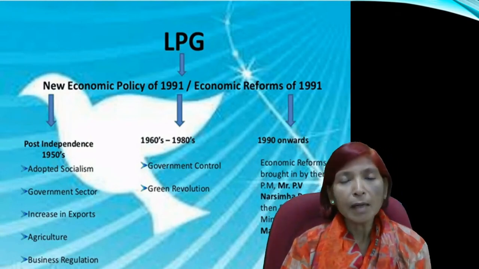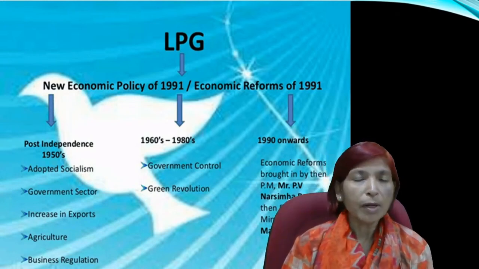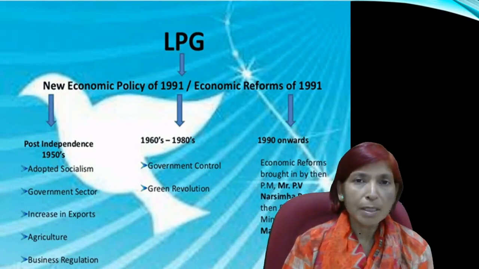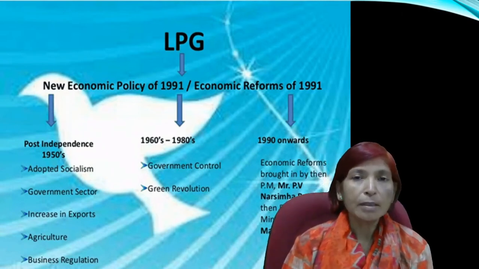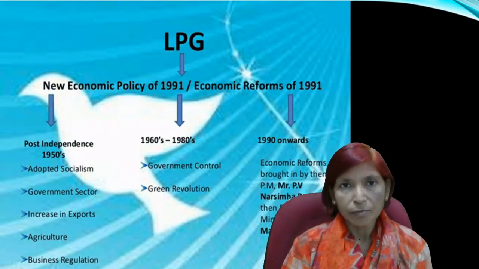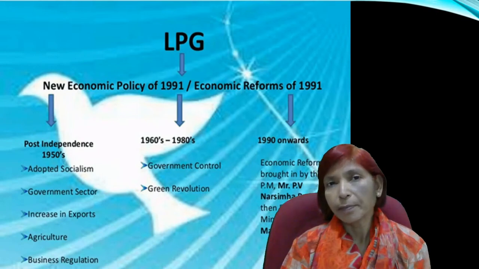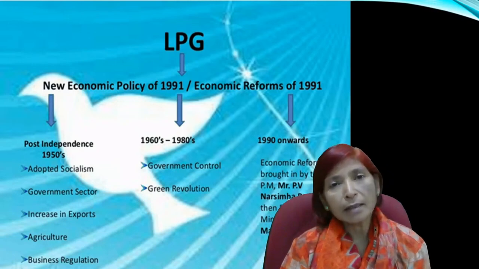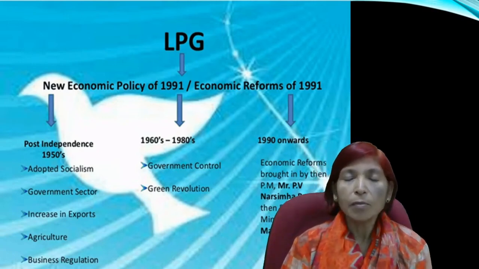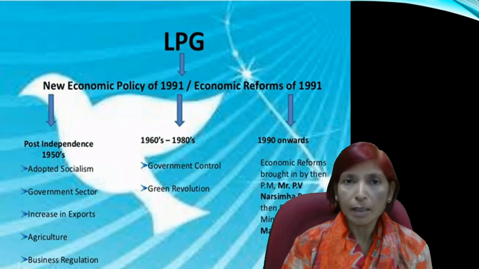Post-independence, during the 1950s, whatever policies were made by the government mainly adopted socialism, focusing on the public sector. Otherwise, we know that the Indian economy is a mixed economy in which the public sector and private sector coexist.